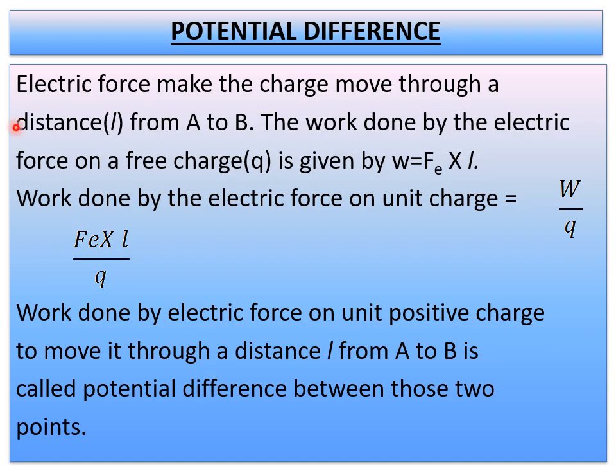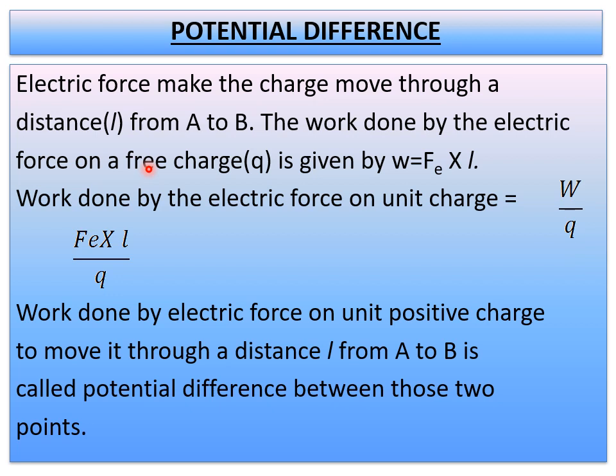Coming to the derivation for potential difference, the electric force makes a charge move through a distance L from A to B. The length of the conductor is L and the two endpoints are A and B. We know from 9th standard that work done is force into displacement, and we are going to apply that here.